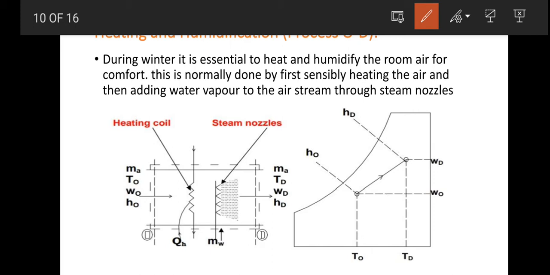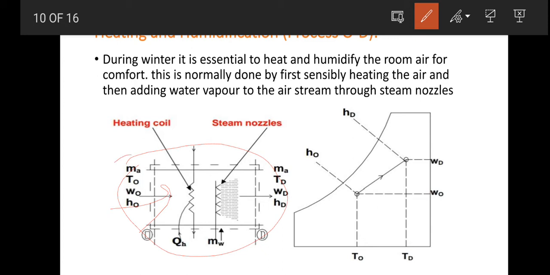For that we have the heating coil for the air. This is the duct, in which air will be taken into the system and we will increase the temperature of air. That means first there is a sensible heating process, and after that there is an air washer. Due to the increased temperature of air, the water from the air washer will be evaporated and carried along with the air.